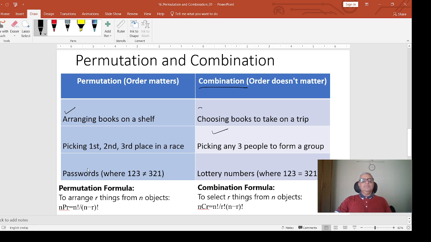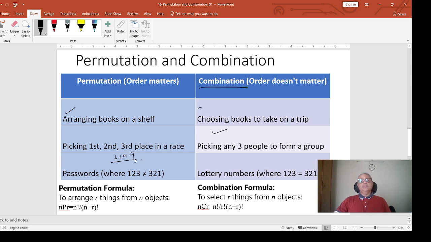The third example can be a password. Suppose you want to find out how many different passwords can be created if you're given numbers from 1 to 9, provided the numbers are not repeated.